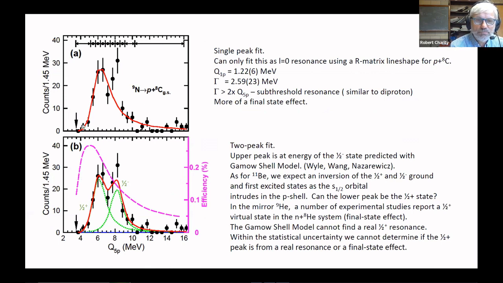So this is a wide state above the proton plus carbon-8 threshold, so it should be asymmetric in shape. So we use some R-matrix line shape to fit this. So we assume this R-matrix line shape for the proton plus carbon-8. We then let the carbon-8 decay by 2 steps of 2-proton decay, incorporate the experimental resolution, and that's the fit I show here.